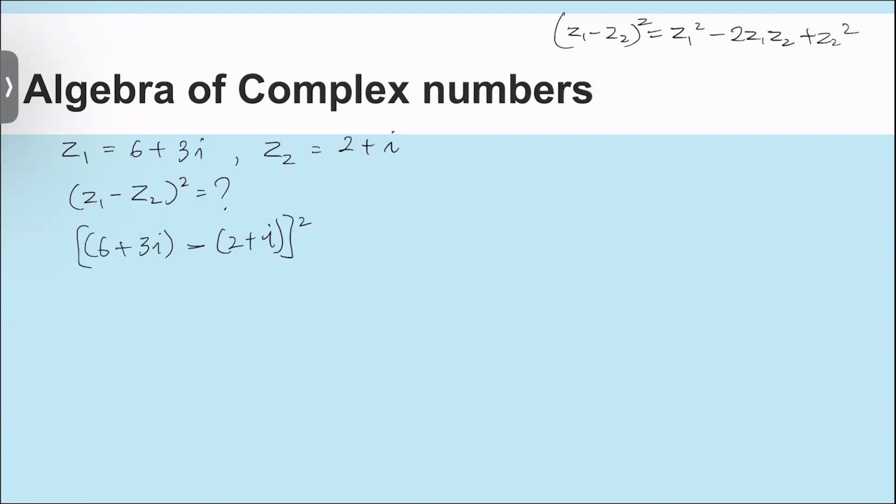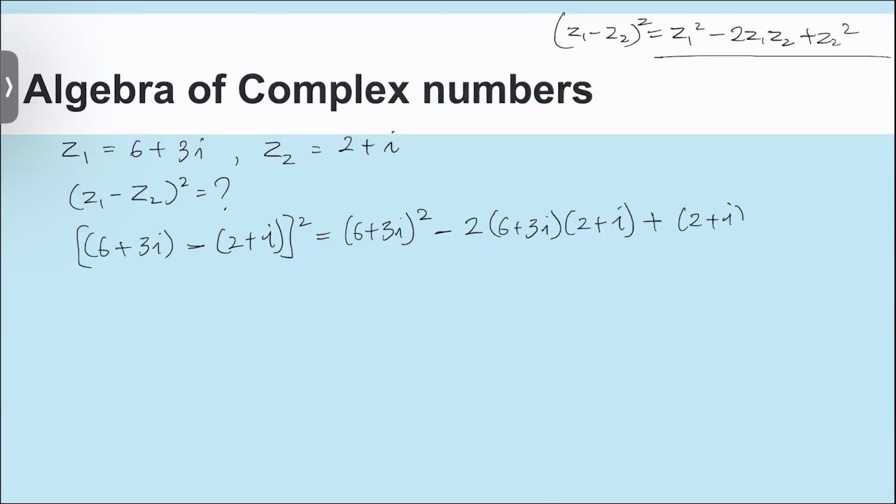Now we use the identity given to us. You have 6 plus 3i the whole square minus 2 into z1 z2, so 6 plus 3i times 2 plus i, and plus you have the z2 squared, so that is 2 plus i squared.